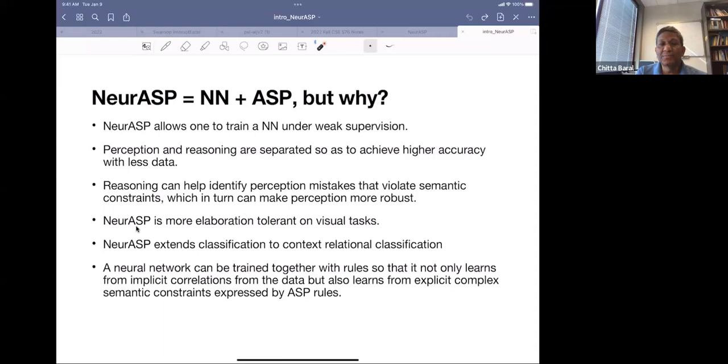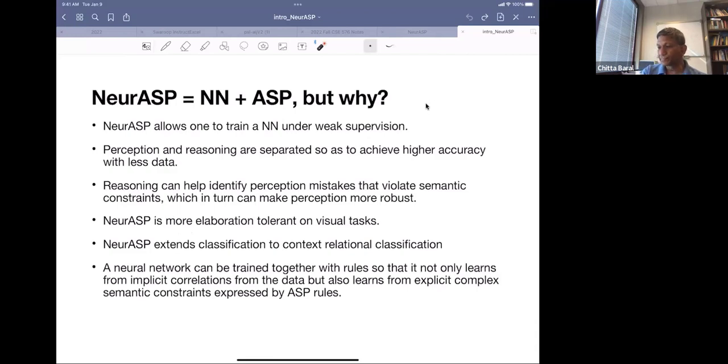The fourth one is being more elaboration tolerant on visual tasks. This is a term in the sense we were talking about, say, graph colorability. If we want to change our task a little bit, it's very easy to do that because we can write or modify our rules.